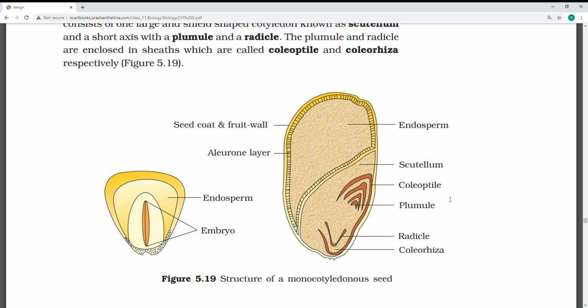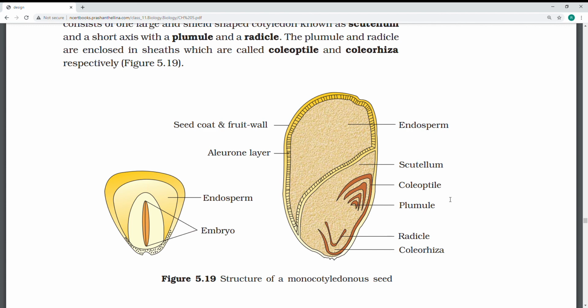Generally the monocotyledons are always endospermic, but not some orchids, which are non-endospermic. Seeds of cereals, nothing but maize, wheat, all these come under this. So the endosperm is bulky, and it is the part which we generally use as food, and the function of this is also to store food.